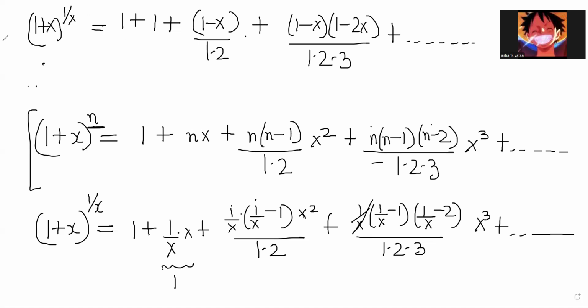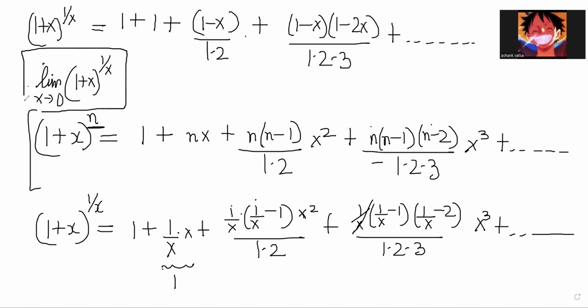And now what I want you to think is limit of x tends to 0 of 1 plus x to the power 1 by x. First of all, think about this expression on its own. Don't worry about what happens on the other side. x is a small number, close to 0, right?